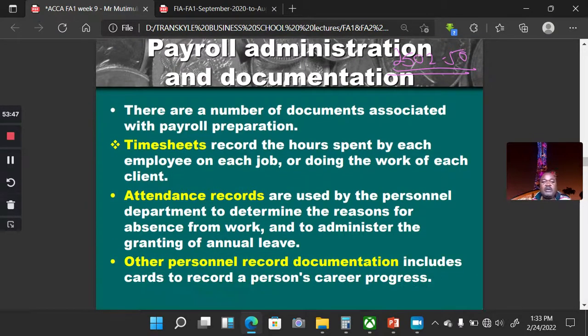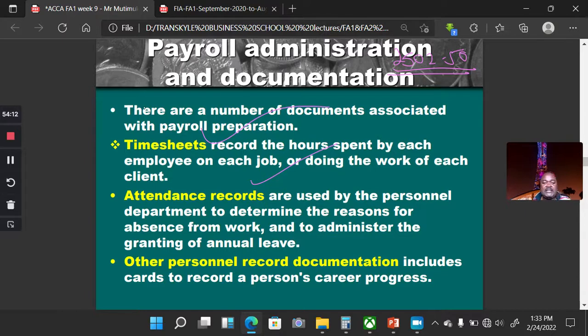Now let's talk about payroll administration and documentation. There are usually 3 documents in the payroll area: the timesheets, attendance records, and other personal documentation, which includes the cards to record the person's career progress. In the military, they call it the record of service, sometimes other things.